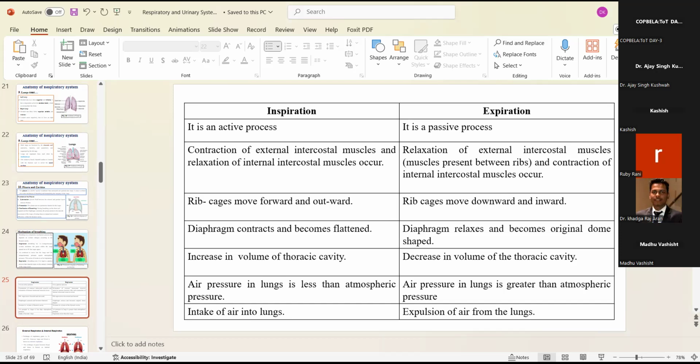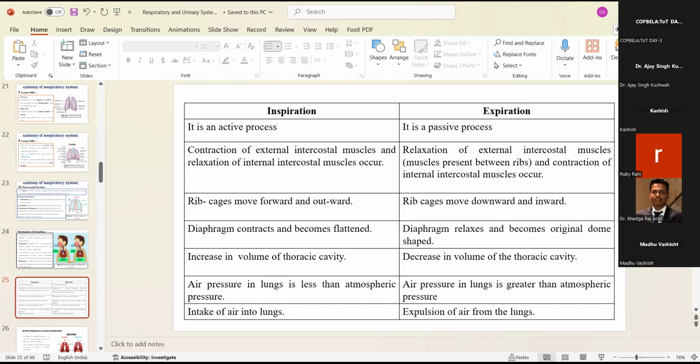Next, in inspiration, the rib cage moves forward and outward. For example, if I take a breath in, the ribs move forward and outward. Whenever we relax, in expiration, the rib cage moves downward and inward. Next is the diaphragm.